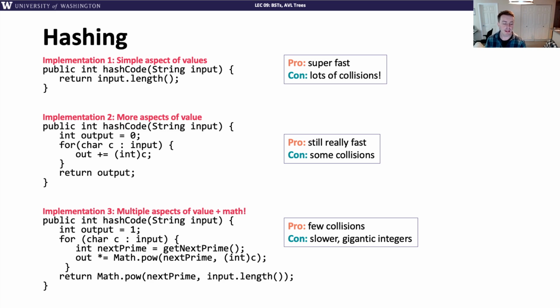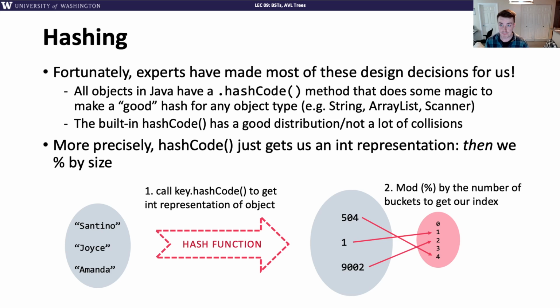This third one is the one that's used mostly in practice, or something similar to it. One reason I can argue there are fewer collisions here is I can't think of two strings that collide with this input. There are a lot of details I'm hiding here, but it's really hard for people to look at this and say, oh, these two strings collide, which means it's probably doing a really good job of spreading values out.